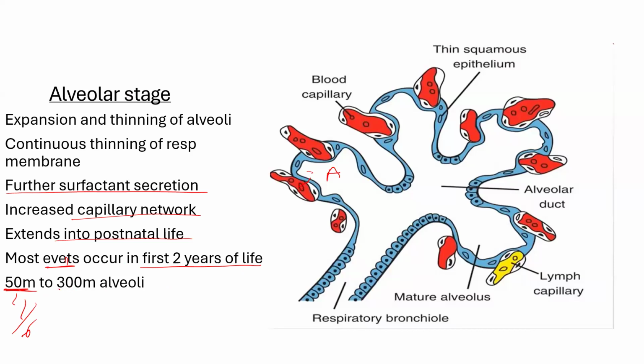An adult lung has 300 million alveoli, and this number is achieved by the age of 9 to 10 years. But in the first 2 years of postnatal life, that is when most of the 300 million alveoli are actually formed. So that is the alveolar stage. It extends up to the age of 9 or 10 years, but most of the events occur in the first 2 years.